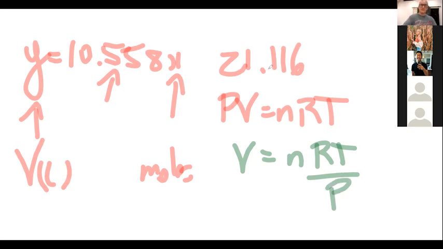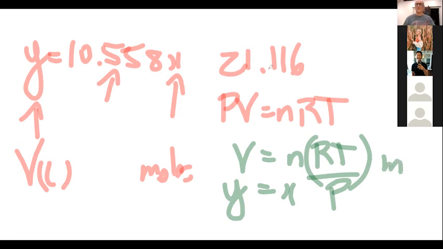So this is my Y, this is my X, and this is my slope, M. M is equal to 21.116. So RT divided by P is equal to 21.116.